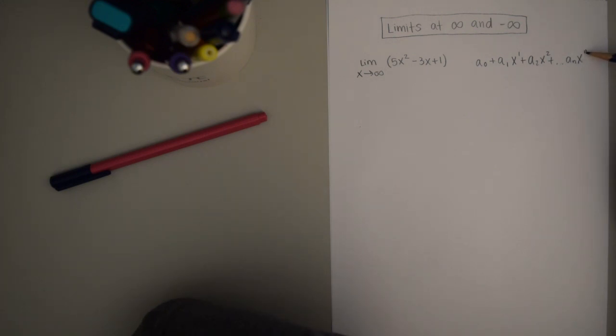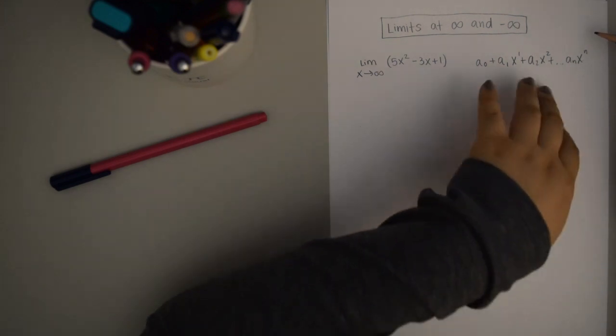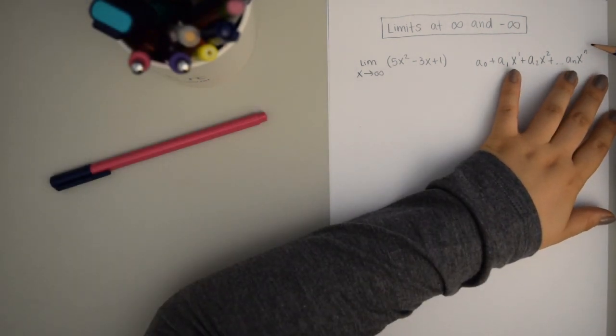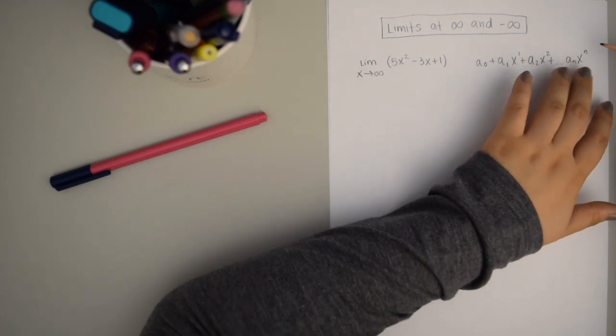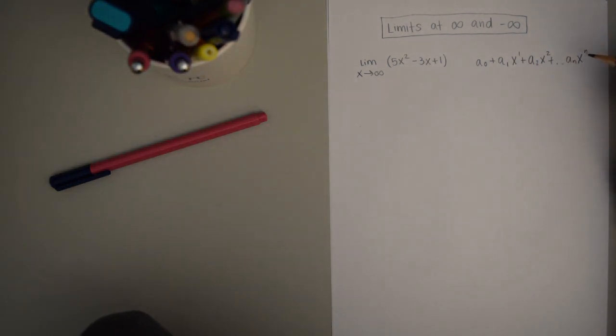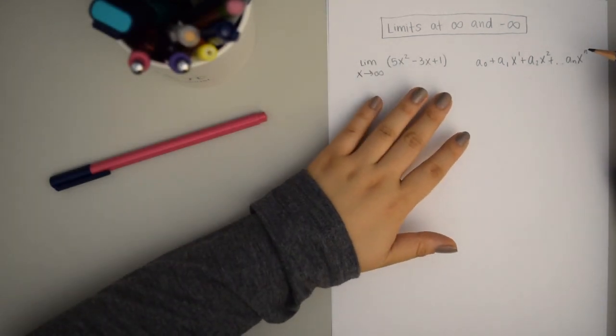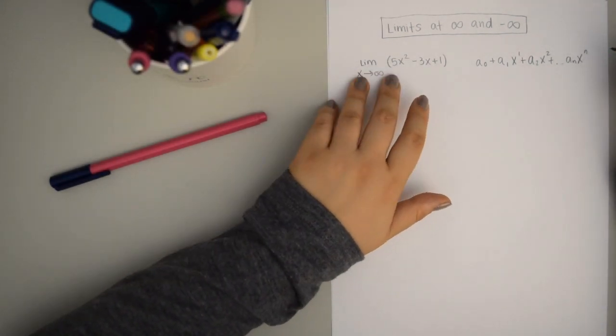If it is equal to 0, we have a constant function, but otherwise we have 1 for a linear function, or 2 for quadratics, or 3, 4, 5 for higher power polynomials. So we're going to talk about how to find limits of these as x approaches infinity.